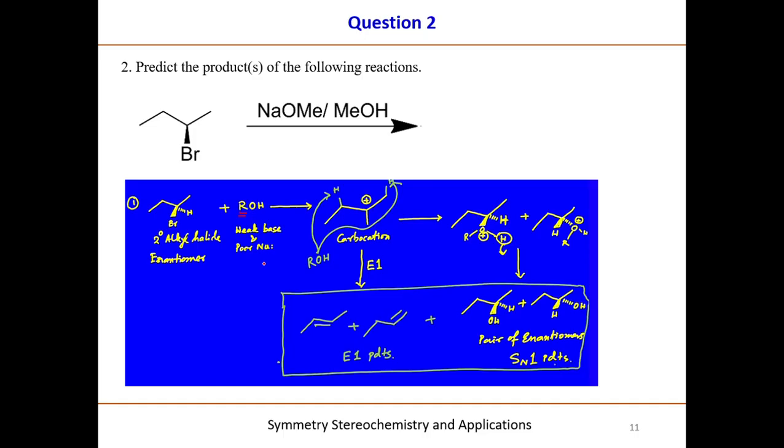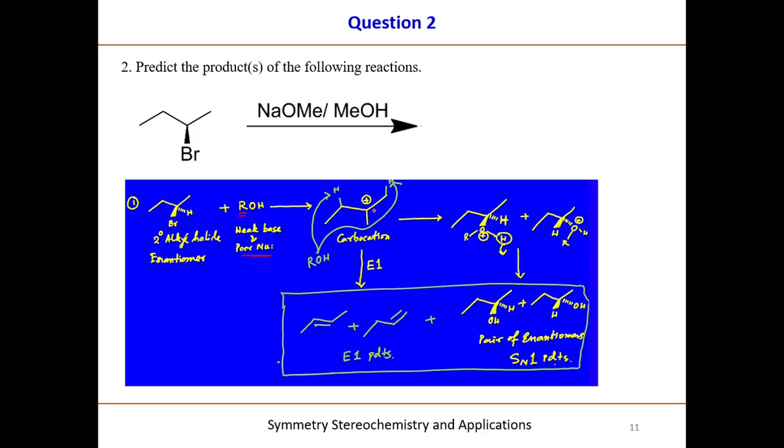That means it will favor the SN1 mechanism, because SN1 is favorable in a polar protic solvent. The previous one was a polar aprotic solvent, right? So first the carbocation formation will take place, because it will follow the SN1 pathway. It is a weak, poor nucleophile and weak base.